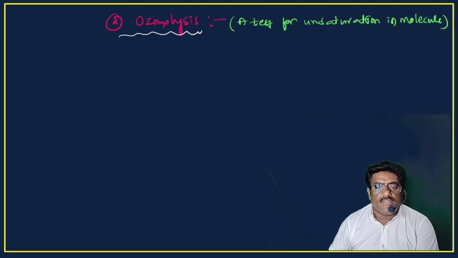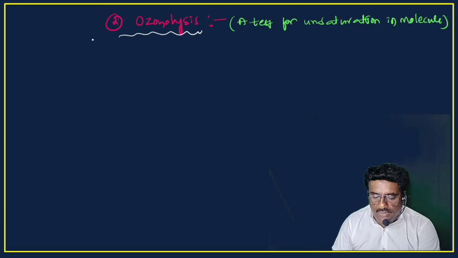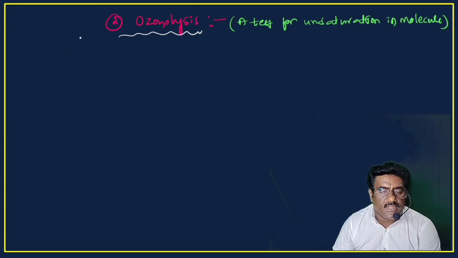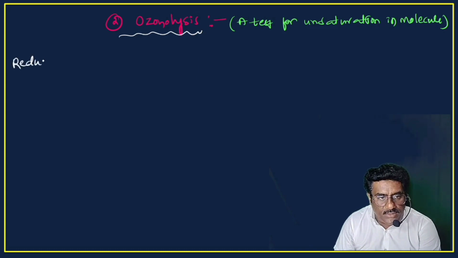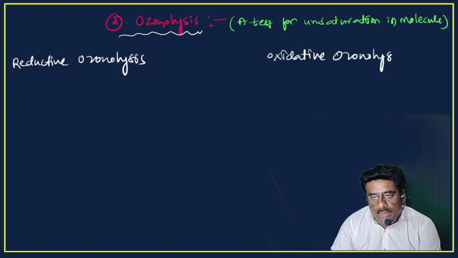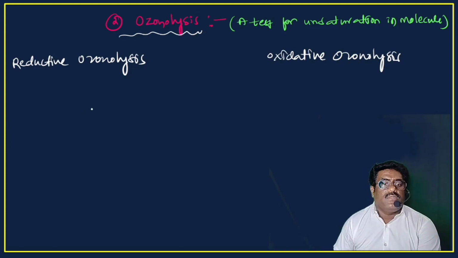It is a test for unsaturation in a molecule. In ozonolysis, there are reductive ozonolysis and oxidative ozonolysis. Remember, first write the reagent: reductive ozonolysis and oxidative ozonolysis.